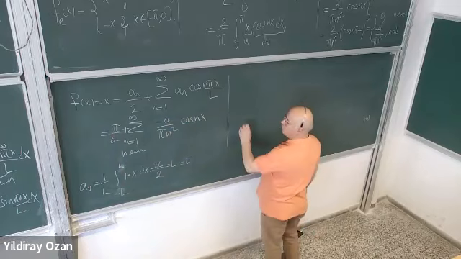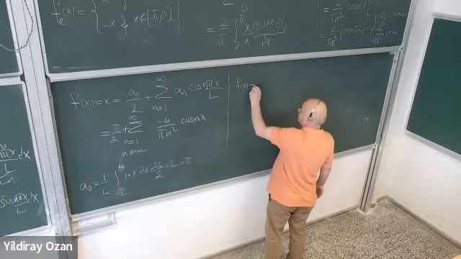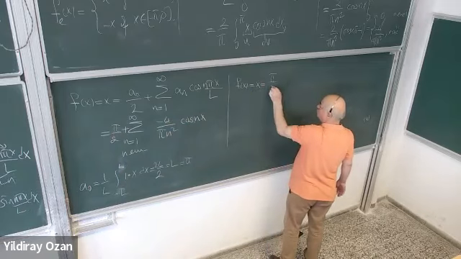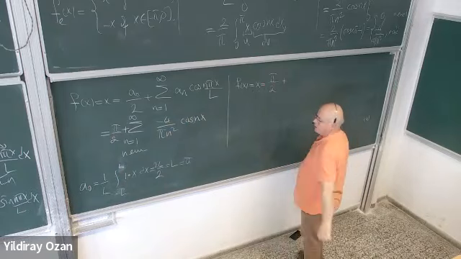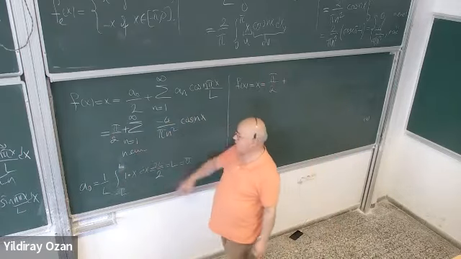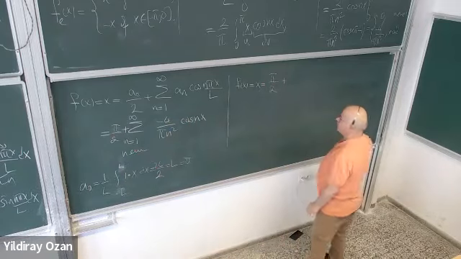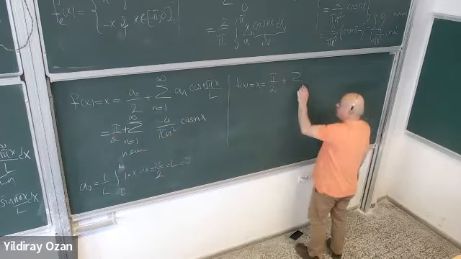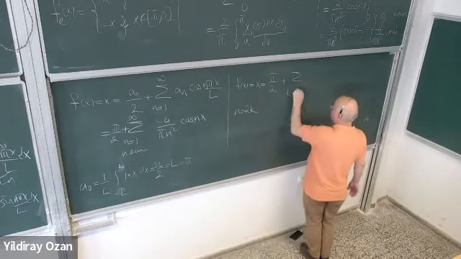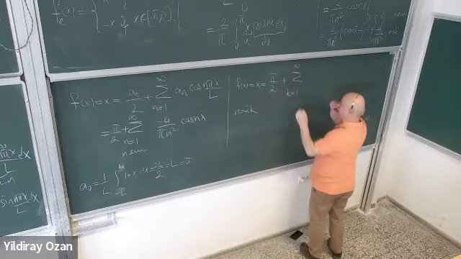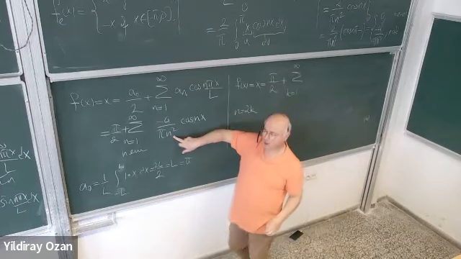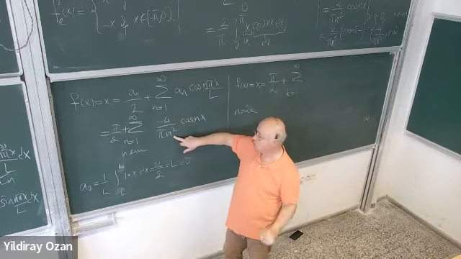So I have f, which is x. So it is just pi over 2 plus, and here this summation is over even integers. So I can write it this way. Let's say n is equal to 2k, so k from 1 to infinity, and instead of n, I write 2k. When I write 2k here, I get 4k squared.